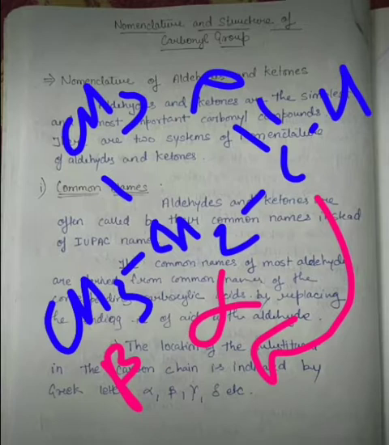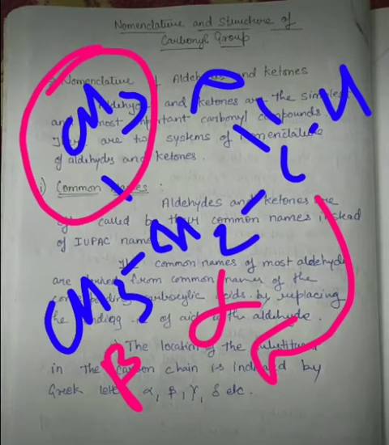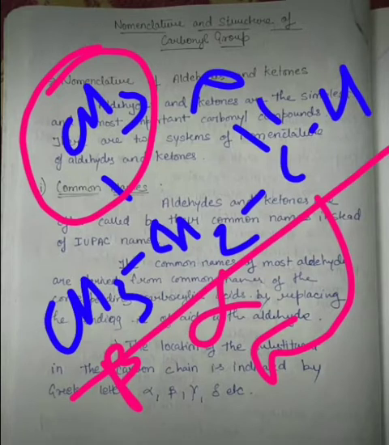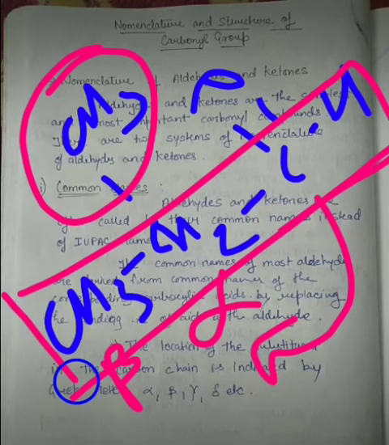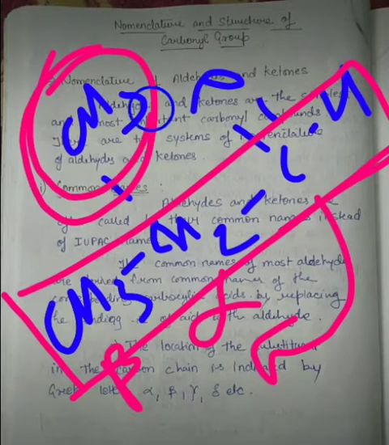As you know, at the alpha position there is a methyl group, so its name will be alpha methyl propanaldehyde. Because the basic skeleton contains 3 carbon atoms, propane will be there, the carbon chain having single bonds, and at the alpha position a methyl group is substituted, so its name will become alpha methyl propanaldehyde.